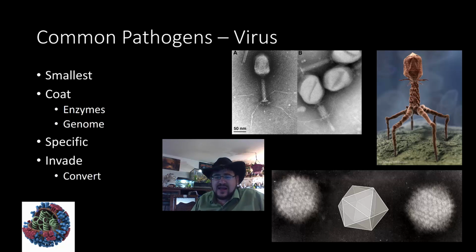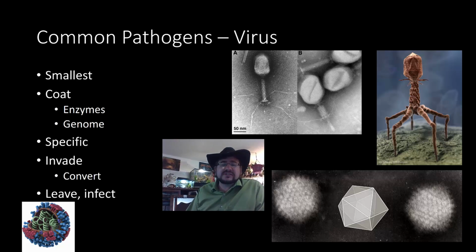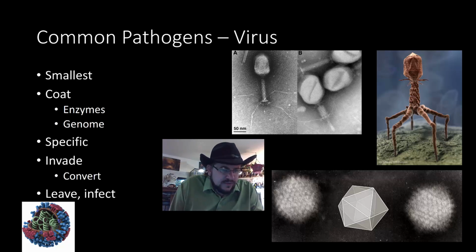That's all that cell does. Once a cell's infected, it's converted into a virus factory. And it makes viruses until it runs out of energy. After that, the viruses are assembled, they leave the cell, and they infect other cells. They can kill the cell when they leave it. Some viruses don't kill their host cell when they leave it.